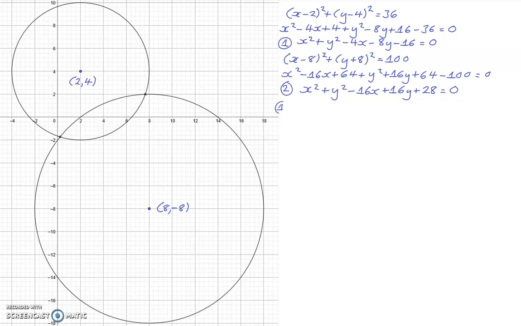So equation 1 times -1 gives minus x squared, and so on. Now we add these two equations together, which gives this.